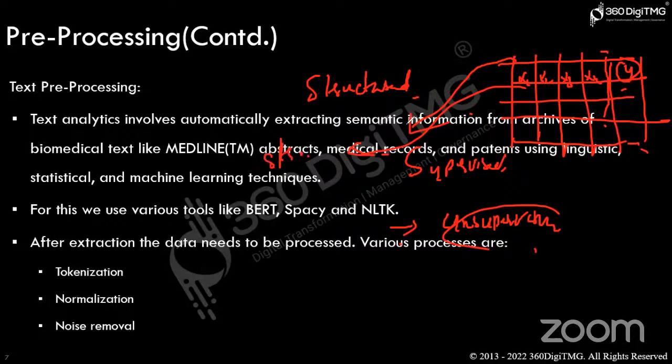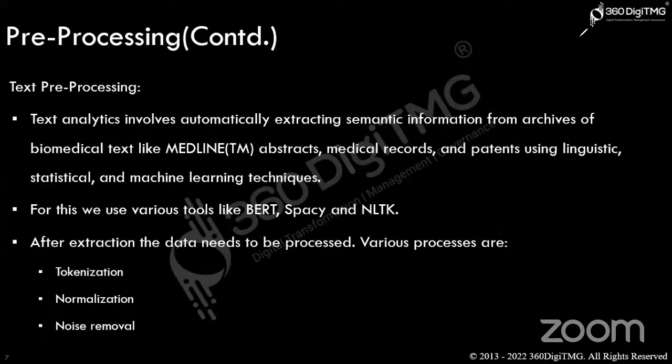When you don't have data available in tabular form, what is it called? Unstructured data. In that case, what do we have to do? Whenever you want to work on unstructured data, you have to process it.